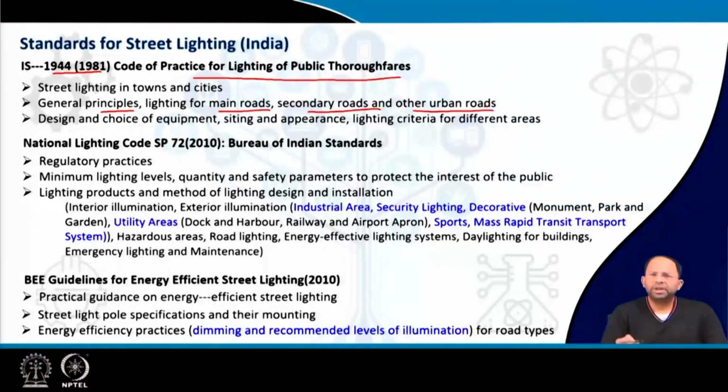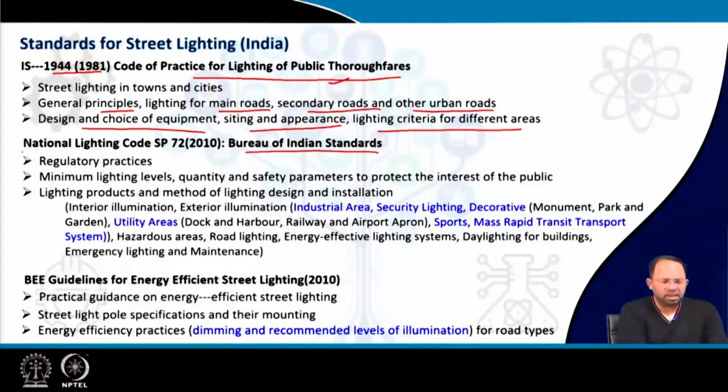It also talks about intersections, at grade and different grade separated intersections. In addition, it talks about design and choice of equipment, sighting and appearance, and lighting criteria for different areas.